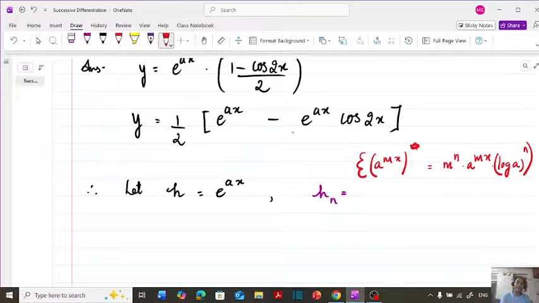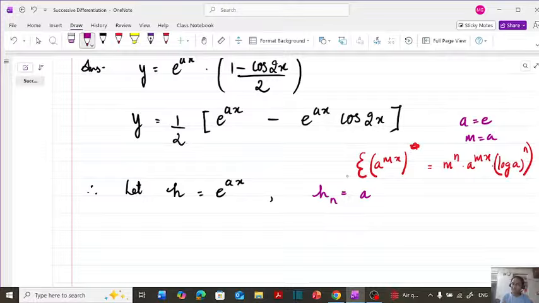So while calculating the nth derivative, we need to replace a by e, right? So a is going to become e. See, a has become e and m has become a.